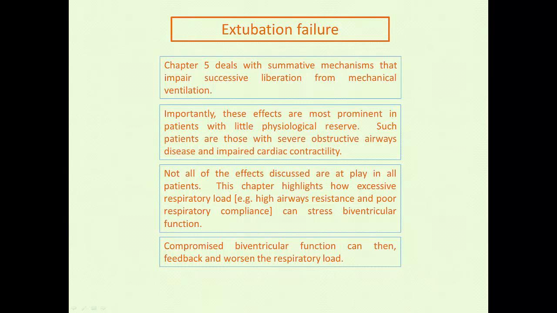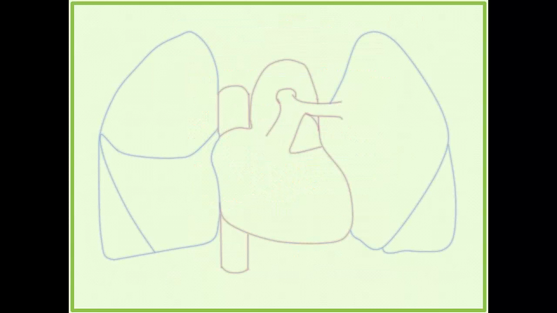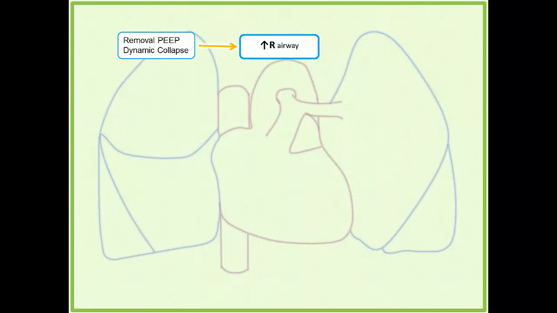And then, as we will see, compromised biventricular function can then feed back and worsen the respiratory load. So this is your heart and your lung. You may have seen this in my lectures already.